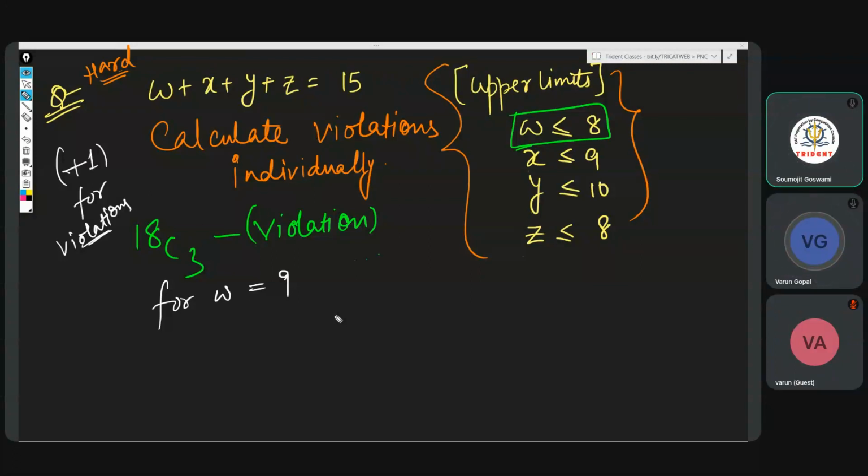It is not going to be 6 or whatever. For W, if I'm just paying attention to W right now, forget about the violation for the others.